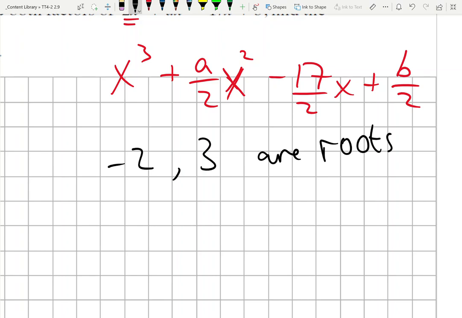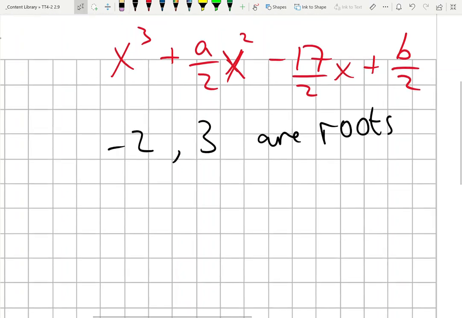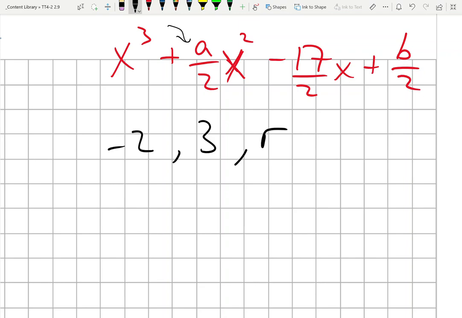So we're hunting for the third root, and getting A and B. So, well, what do we call it? Let's call it R. So we'll add the 3 roots, and we get minus A over 2. So 3 take 2 is 1, R plus 1.